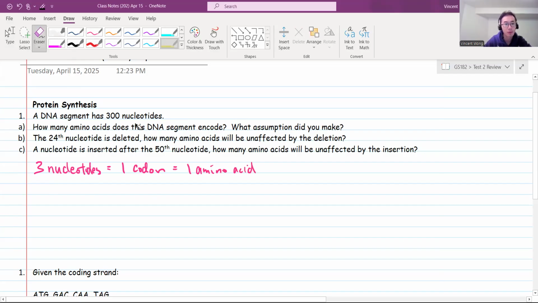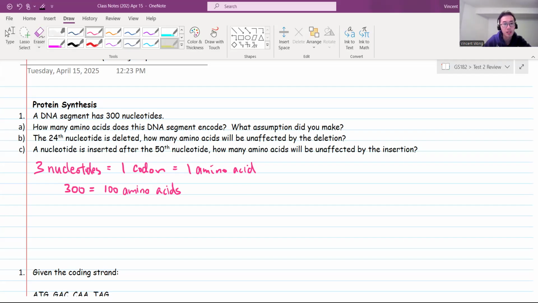So if you have 300 nucleotides, you divide by 3, which is 100 amino acids.